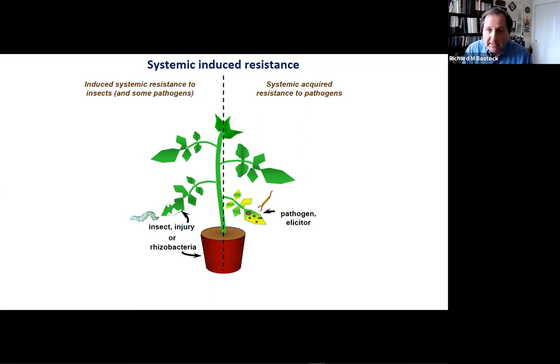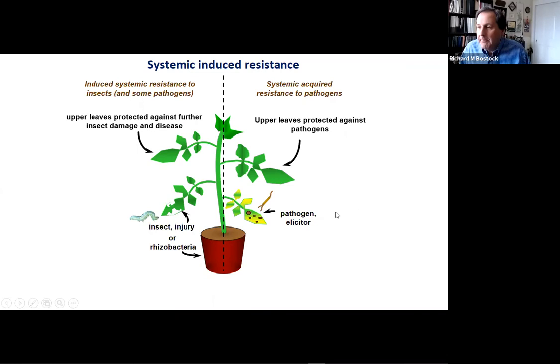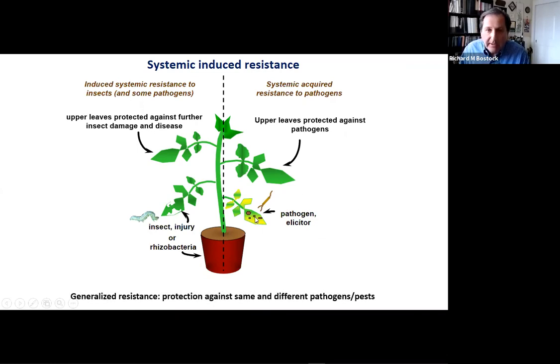Wounding to some extent can do this. Certain pathogens can do this as well, not all, but certain pathogens. And there are root colonizing bacteria that can also do this. I should also add that a pathogen or a lister on this leaf can induce this. What happens in these upper leaves is they're protected against these attackers.